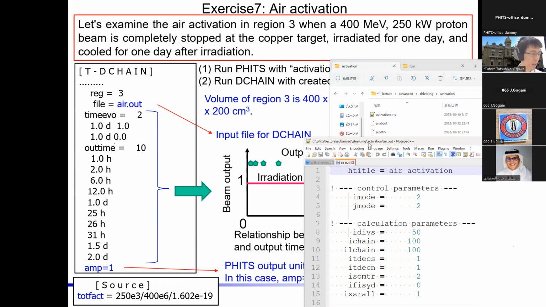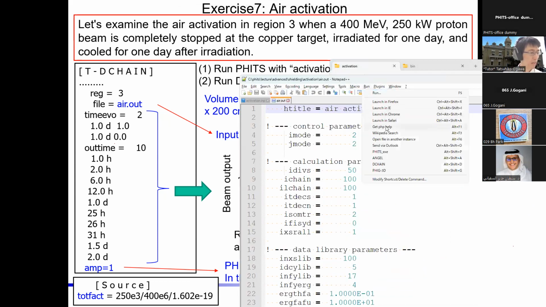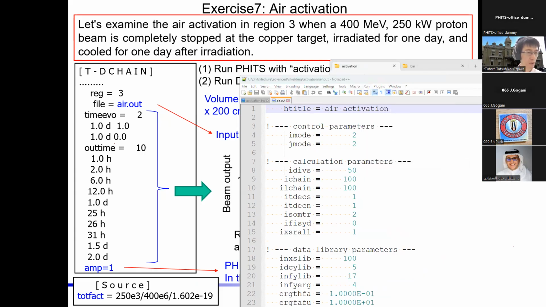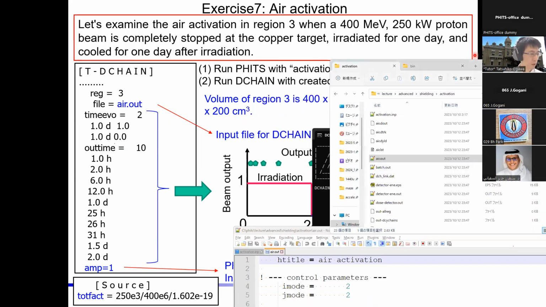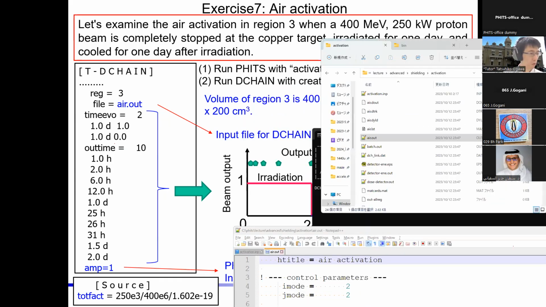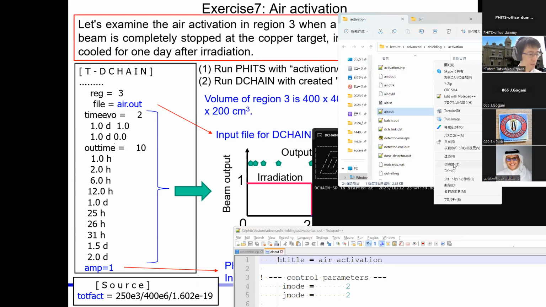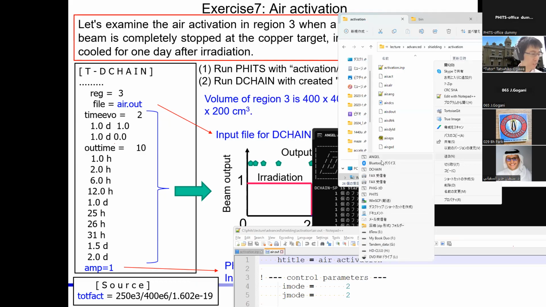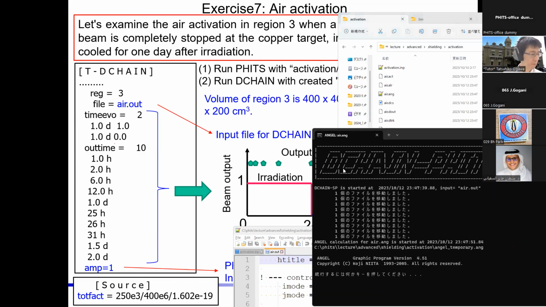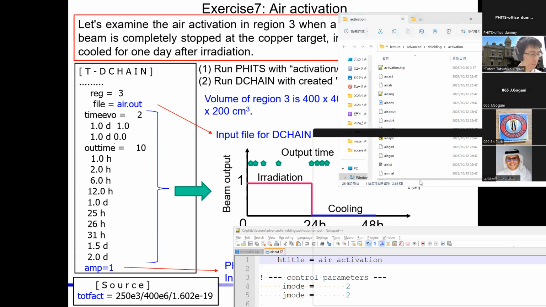Opening air.out, we run DCHAIN either by shortcut command or from a GUI. Send to DCHAIN. Now it's done.